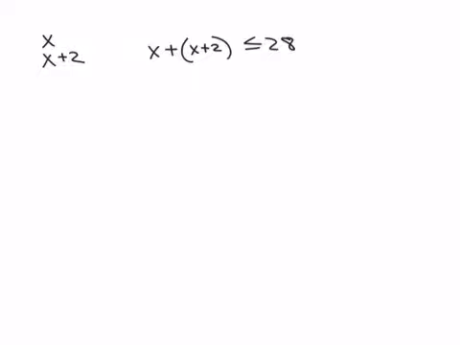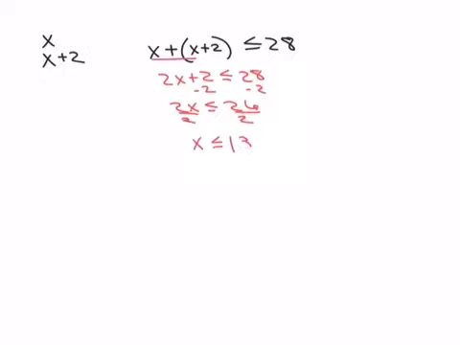Let's go ahead and solve this. x plus x is 2x. Subtract 2, subtract 2, divide by 2, divide by 2, and we get x is less than or equal to 13.